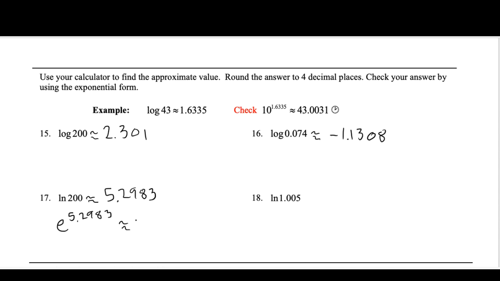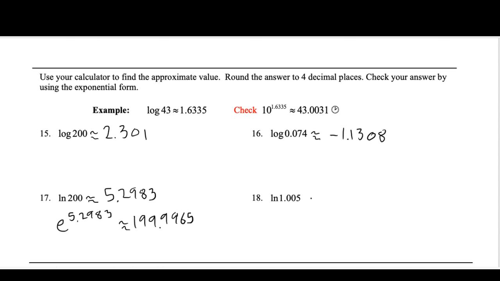That's actually about 199.9965. Okay. Again, the fact that it's not exactly equal to 200 is because we have to round this down to 4 decimal places, right? ln 1.005. E raised to what power results in 1.005?